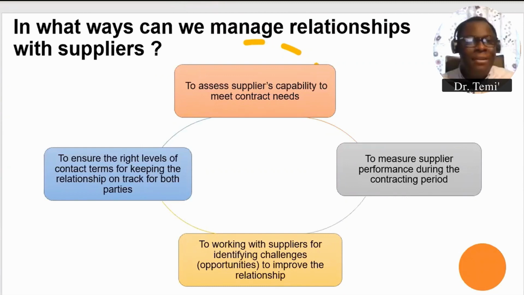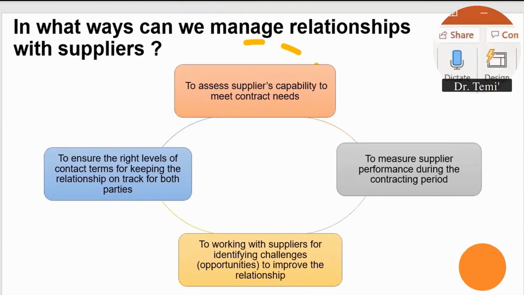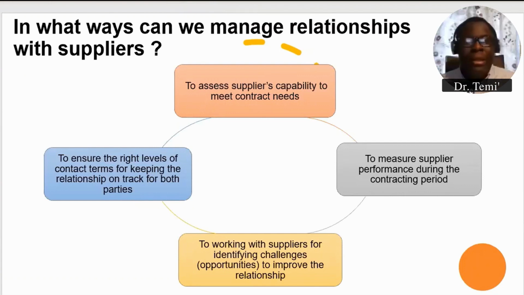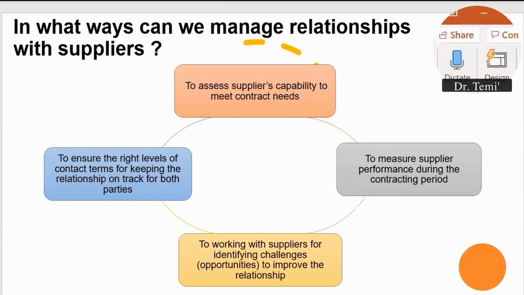There are external factors: government policies, politics, potential customer demand, tastes of customers that are changing. These external factors can change the nature of service provision. So irrespective of what you have in your contract, when you are implementing that contract, there are other factors that could change. Therefore, you need to measure the performance of suppliers.